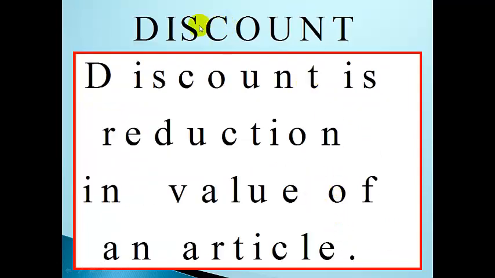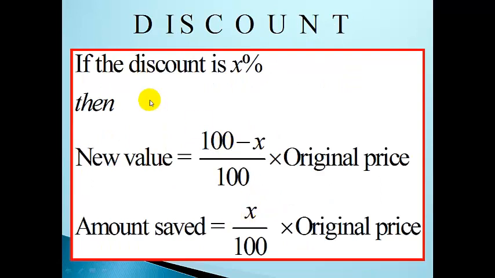Now let's look at discount. Discount is reduction in value of an article. Now, if the discount is X%, then if you want to find the new value, it is 100 minus X divided by 100 times the original value.